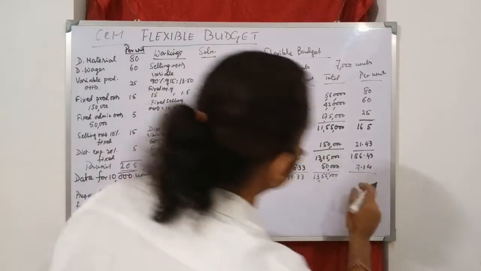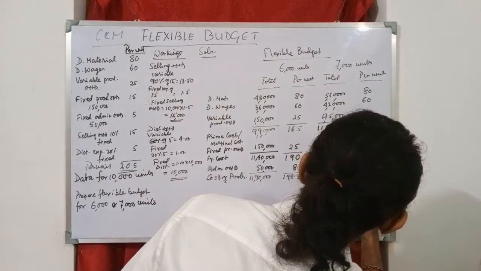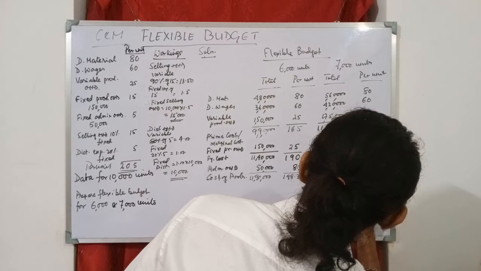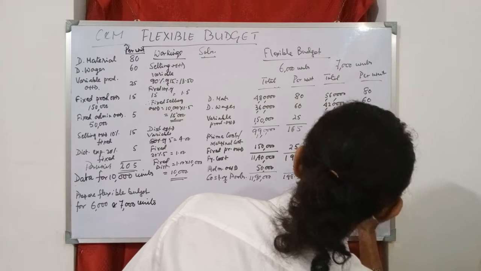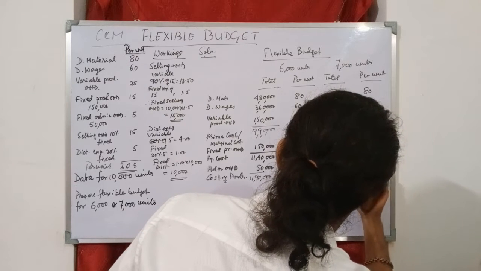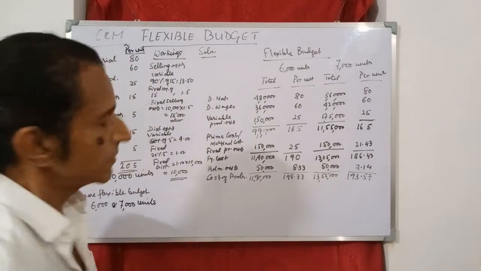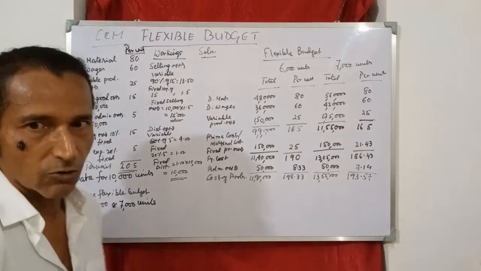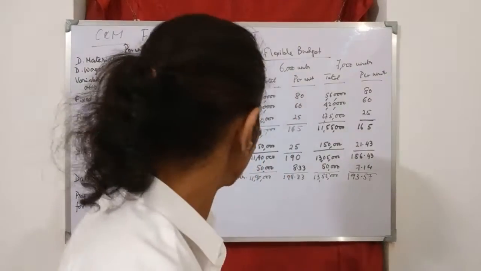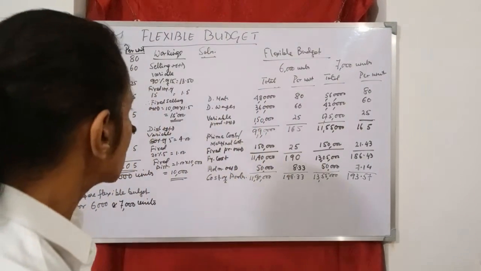Here it is $193.57, the per unit cost of production when the output is 7,000 units. So we have got cost of production.